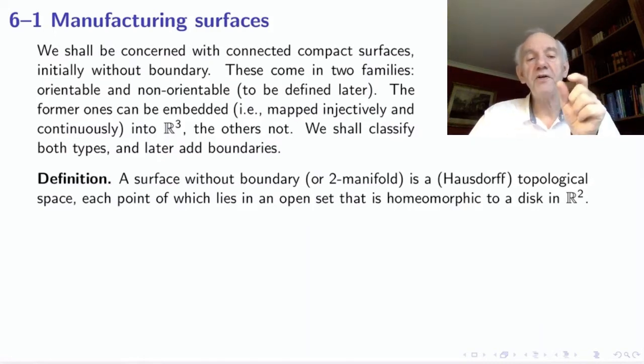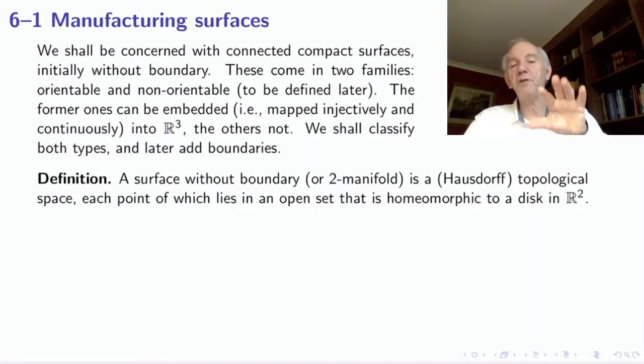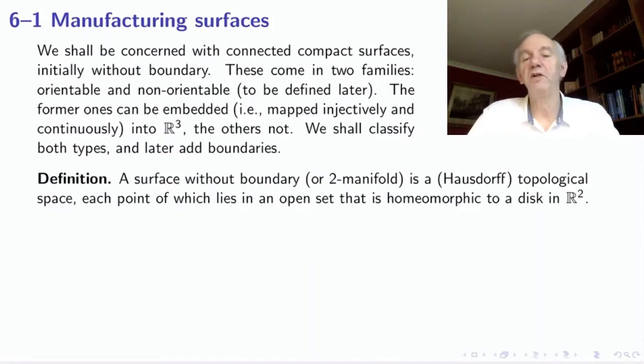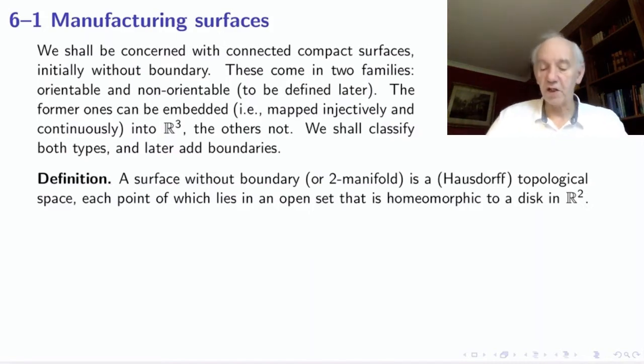Technically that means that around each point you can find a neighbourhood, an open set, which is homeomorphic to a disk in the plane. So a disk means the usual interior of a usual round circle, and you just want that each point of your manifold has an open set that's homeomorphic to such a disk. So it may have a funny looking boundary, but it's got to be homeomorphic, topologically equivalent to a disk. That's what a surface is.